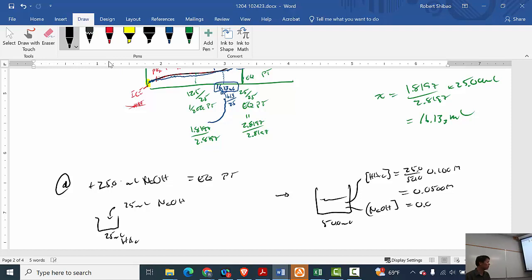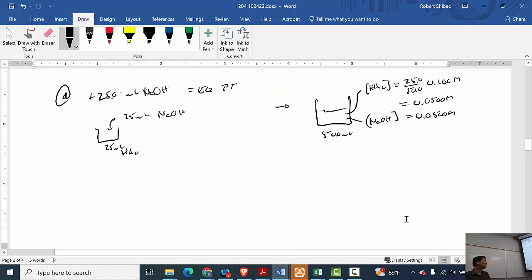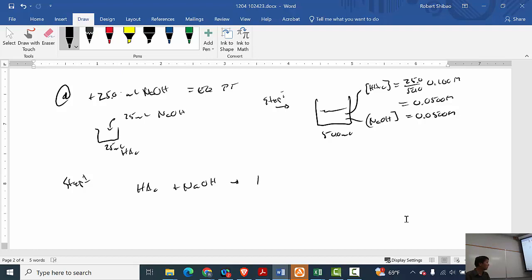So this is going to be 0.0500 molar. And so this is my step I. And then I'll go on to step 1. Step 1, the most obvious reaction is going to be the acetic acid plus sodium hydroxide. It's going to yield sodium acetate plus water.